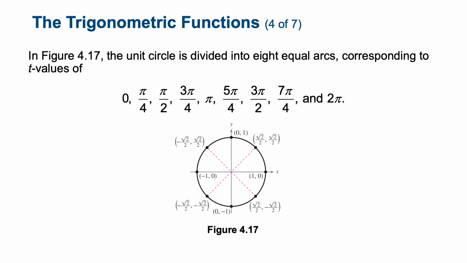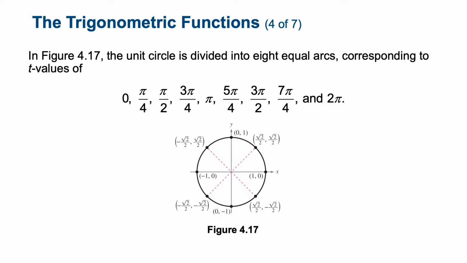They memorize quadrant 1, and then they use the fact that there's symmetry to fill in the rest of the circle. So let's say here we divide this into 8 arcs. So we have 0, pi over 4, pi over 2, 3 pi over 4, pi, 5 pi over 4, 3 pi over 2, 7 pi over 4, and 2 pi.